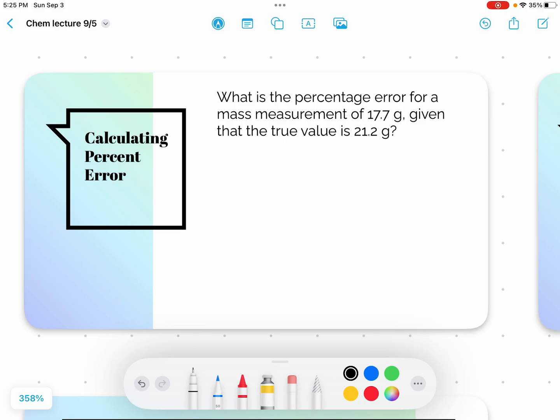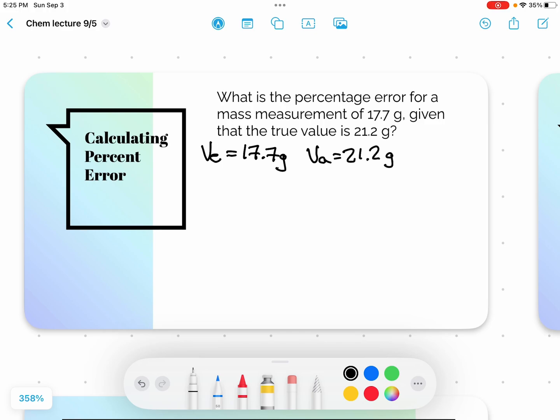So what is the percentage of error for a mass measurement of 17.7 grams? That's telling me that I measured the mass to be 17.7 grams, so my VE, my experimental value, would be 17.7 grams. And it says the true value, also known as the accepted value, is 21.2 grams.